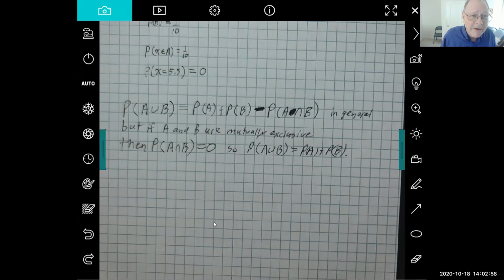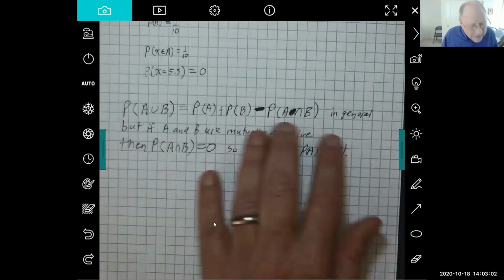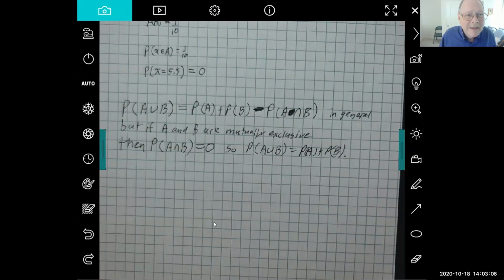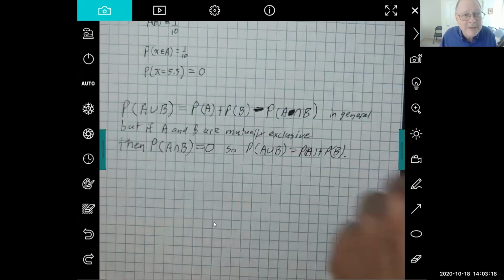There were only 20 flowers. But this works in general. You can talk about probability just fine in other situations where you can't count the outcomes, but you can still assign percentages.